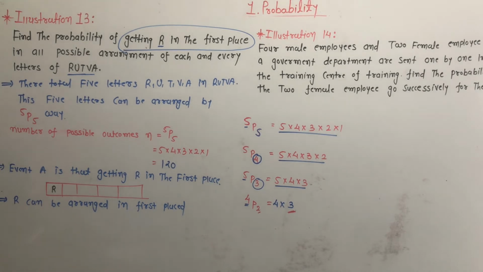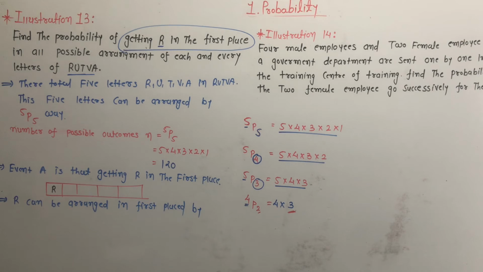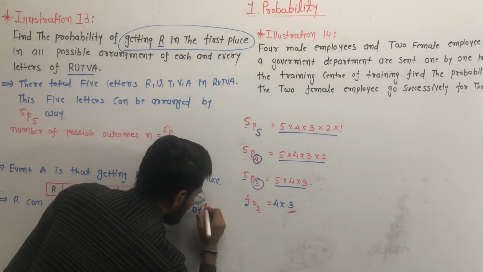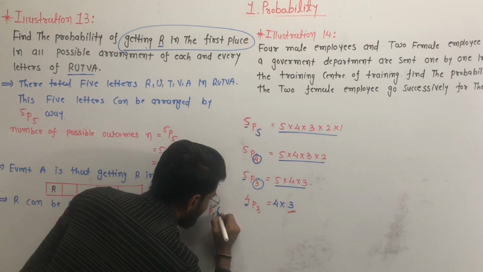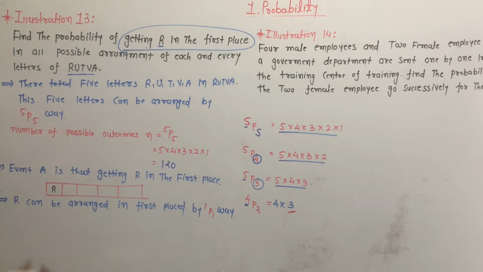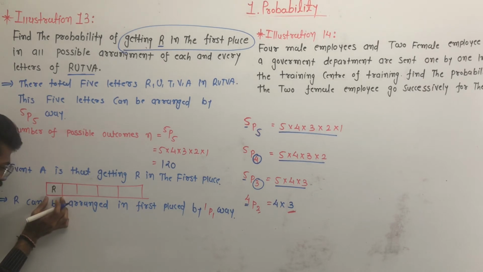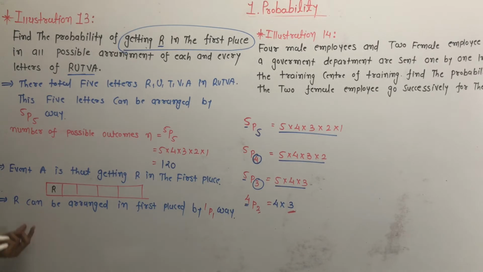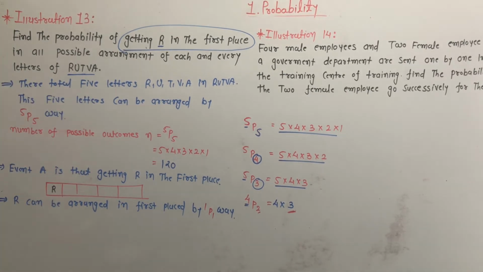R can be arranged in the first place by 1p1 way. Why do we write 1p1? Because there is 1 letter and there is also 1 place. So we can arrange R in the first place by 1p1.